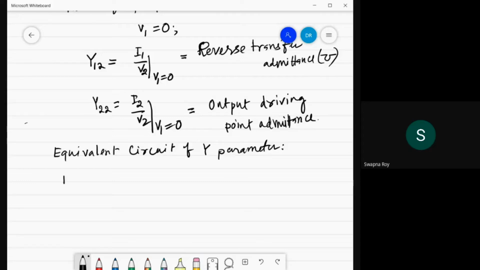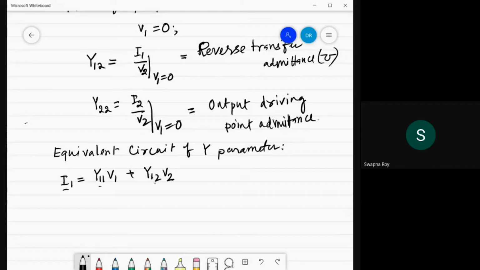Equation was I1, input port current, is equal to Y11 V1 plus Y12 V2. See, this current is a sum of two currents. One admittance into voltage is current, right?